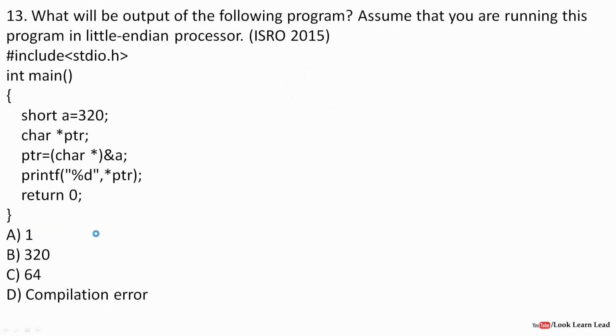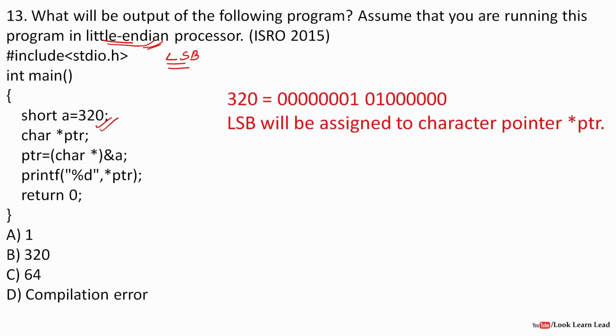Next, what will be the output of the program? Assume that you are running on a little endian processor. So this is the main thing, little endian processor. When we have a little endian processor, then the least significant byte would be considered for addressing. So first we have to convert 320 into binary form. So we convert it like this.